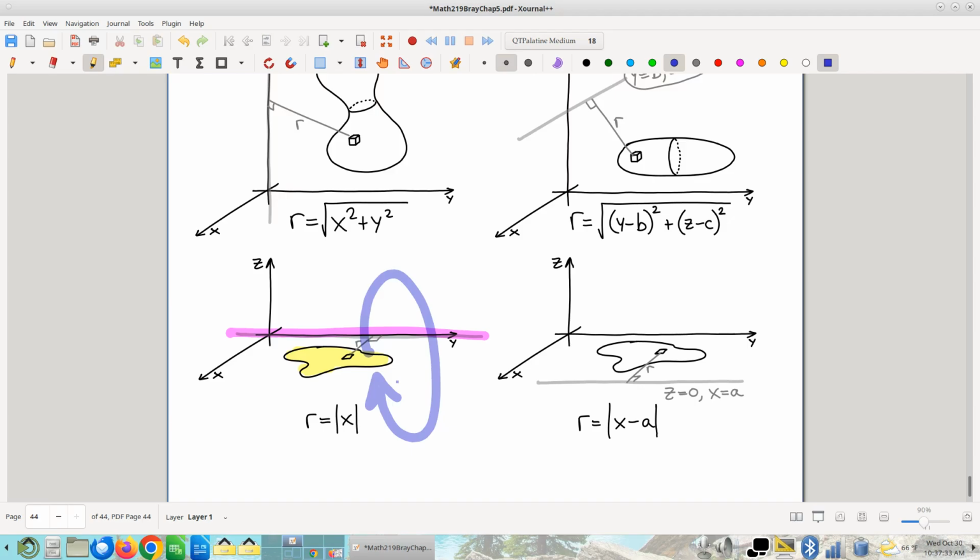Now, because your points that you're looking at are entirely in the xy plane, you can draw that same picture. It's still distance, but in this case, it's just very convenient to write down that distance is literally just the absolute value of x. So the geometry is different in every example, right? And I urge you, please don't try to memorize a single formula that will always be the right answer.